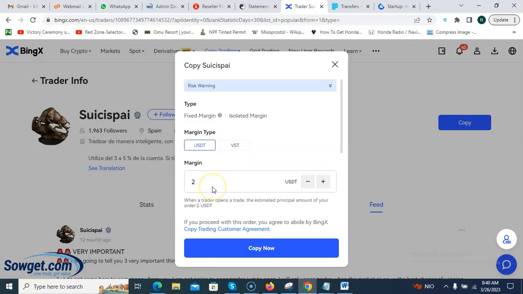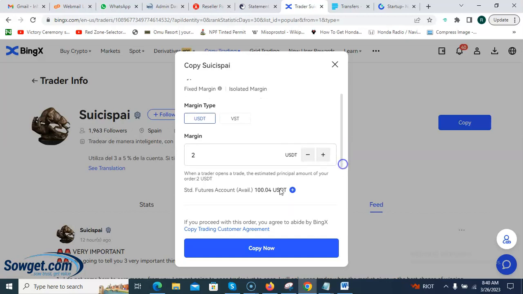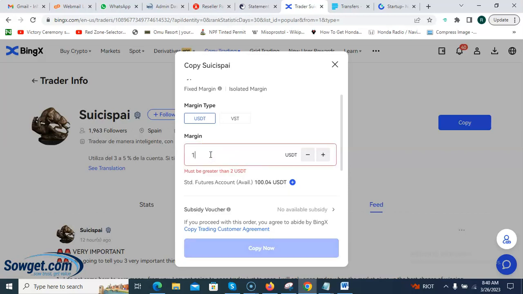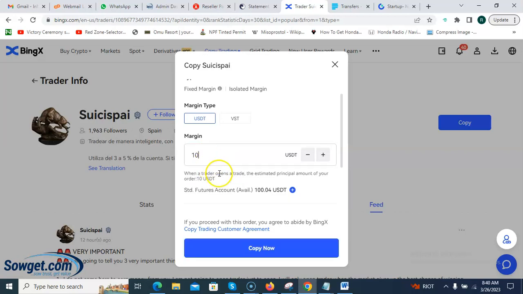Okay, so the next field here is the margin. How much margin are we going to use to copy this trader? That will depend on your account balance. For me, I have some money in my futures account. You can see I have 100 USDT in my futures account here. Let's say I use $10 to copy this trader. What this means is that for every single trade this trader places for me, I'm going to give a margin of 10 USDT to copy that trade.